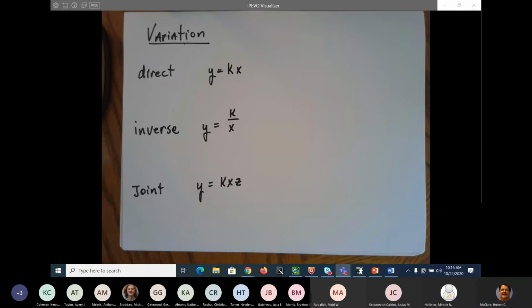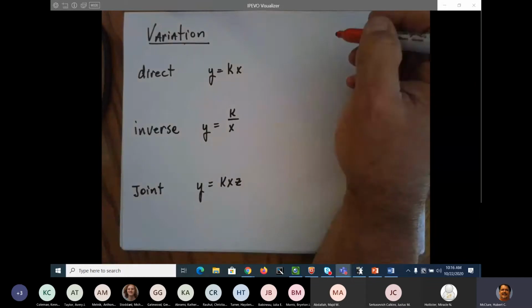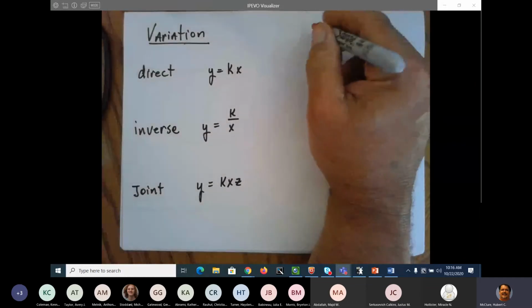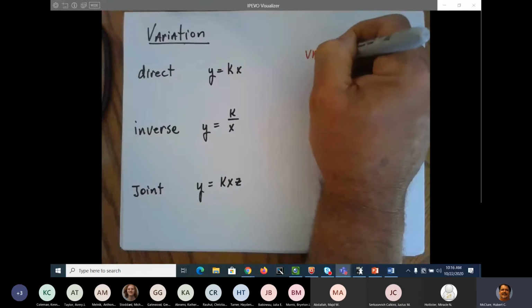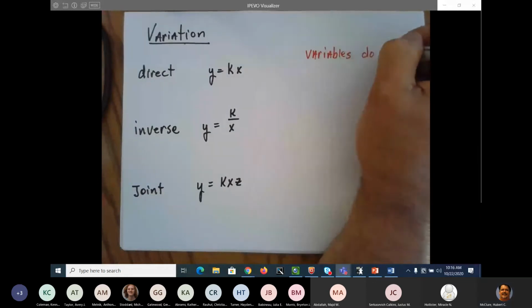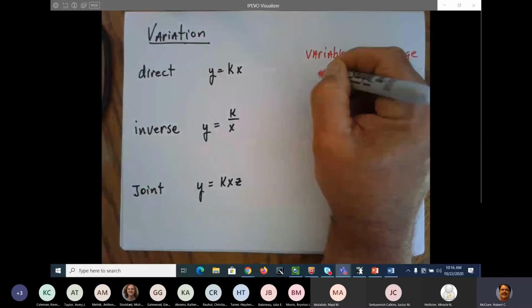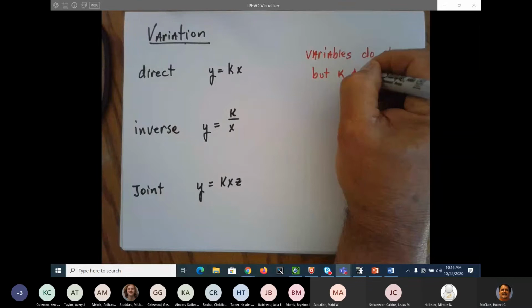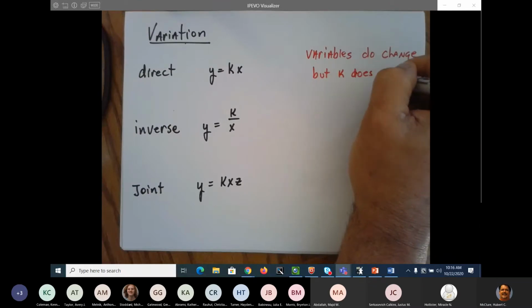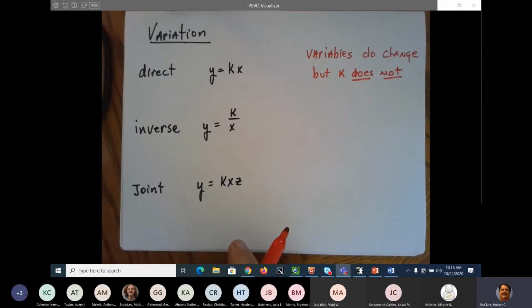The variables Y, X, and Z do change, but K does not change. They may tell you Q varies directly as R, and then you would change Y to Q and X to R. K does not change.